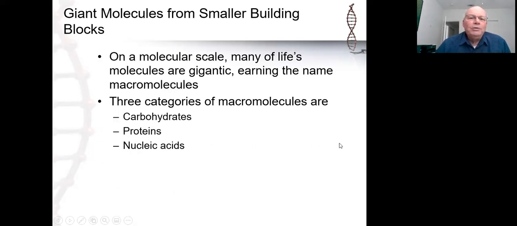So once we start thinking in terms of these organic molecules that life makes, we have to recognize that there are essentially really big molecules, macromolecules, that are the major components, the major carbon-containing components of cells. Three of the four classes of macromolecules are described as polymers. So these are all polymers.